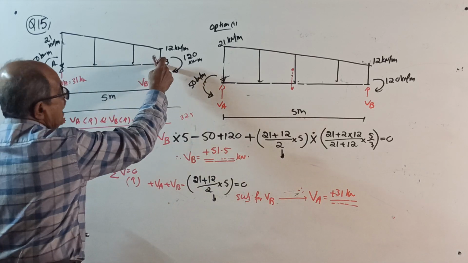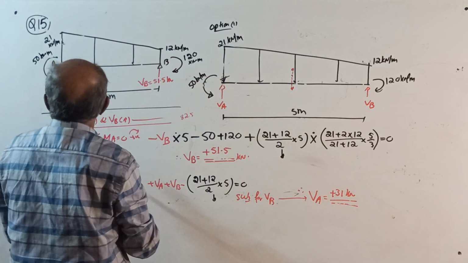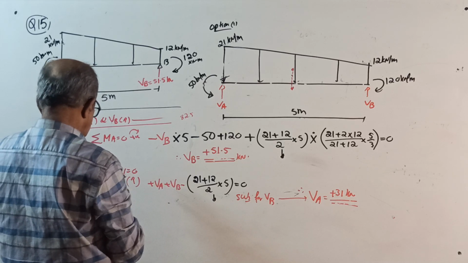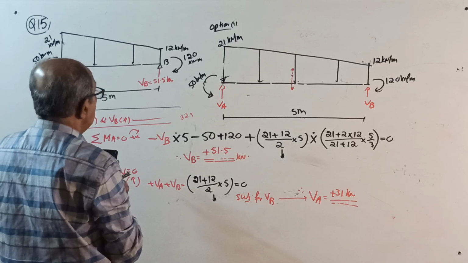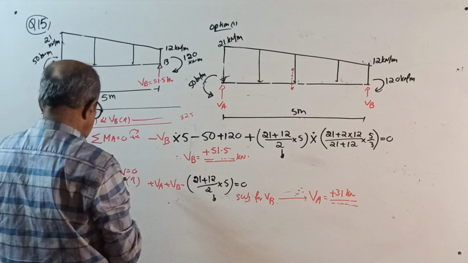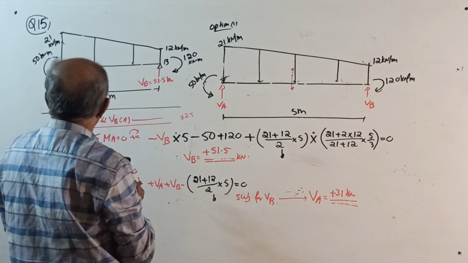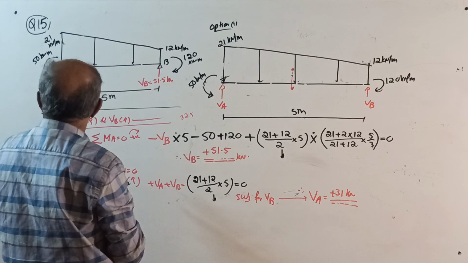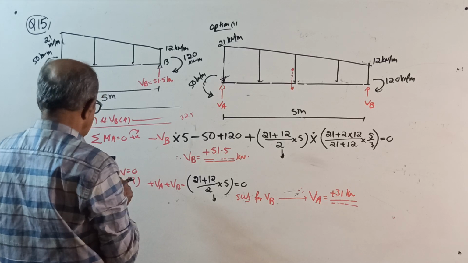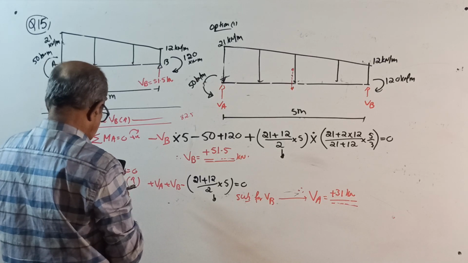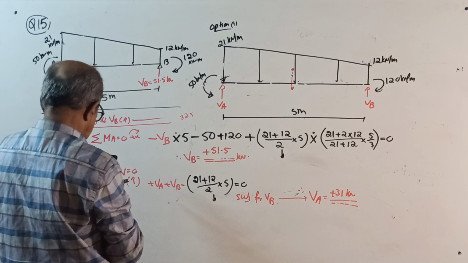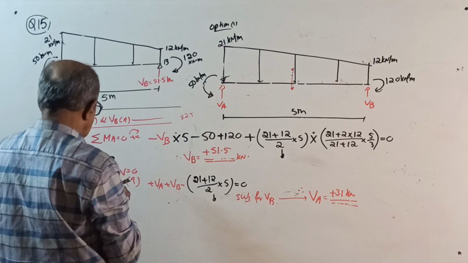I'll check the answer once again by taking moment about this point. 12 plus twice of 21 divided by 12 plus 21 into 5 by 3 is the distance, into 82.5 is the moment, then plus 50 minus 120 divided by 5. 31.